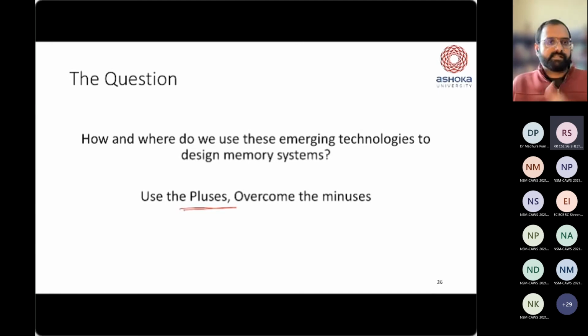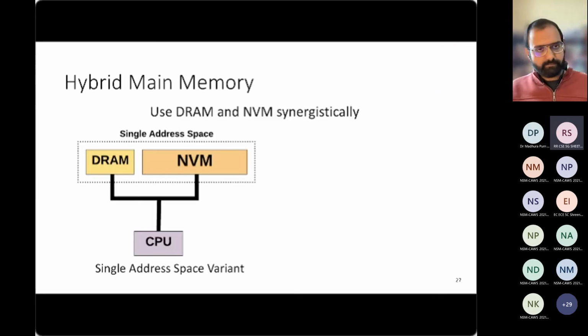So we use the pluses of these non-volatile memory technologies and use whatever else we have available to us at that level in the memory hierarchy, which is DRAM, specifically for main memory, to overcome the minuses, which are mostly in terms of latency. And so how do we actually go about architecting something which is useful and is able to leverage the best of both worlds, right?